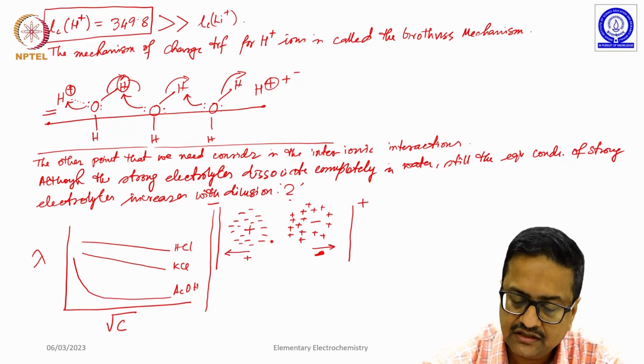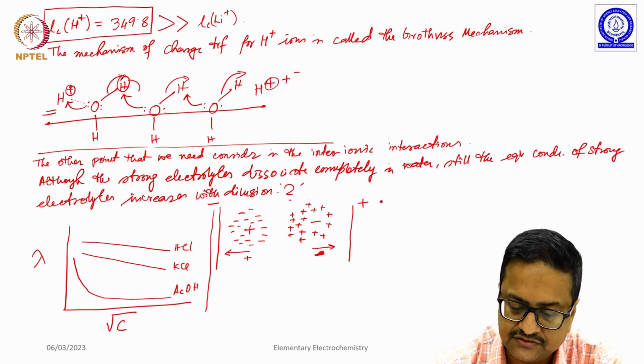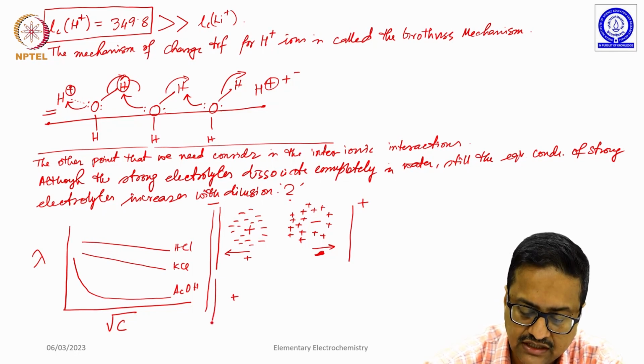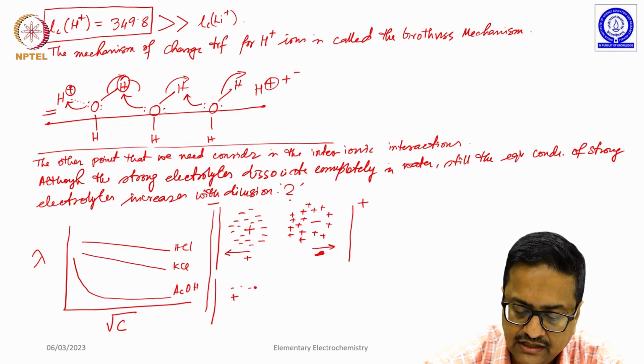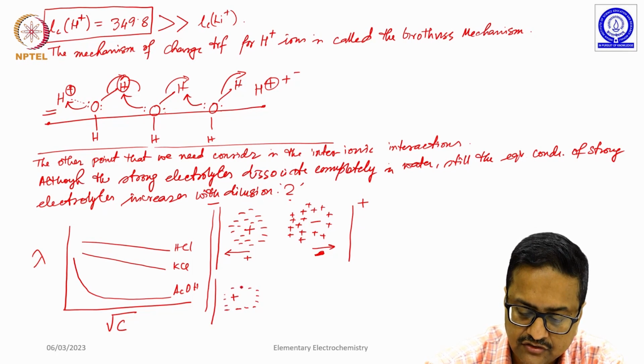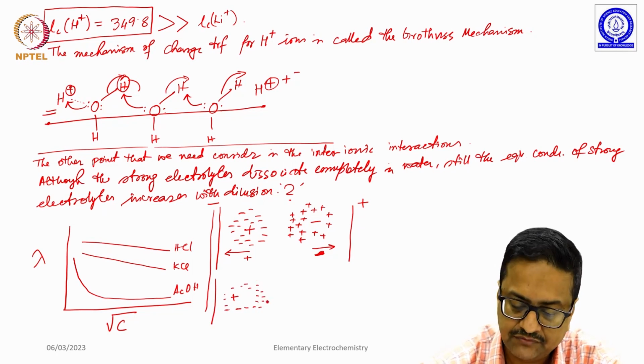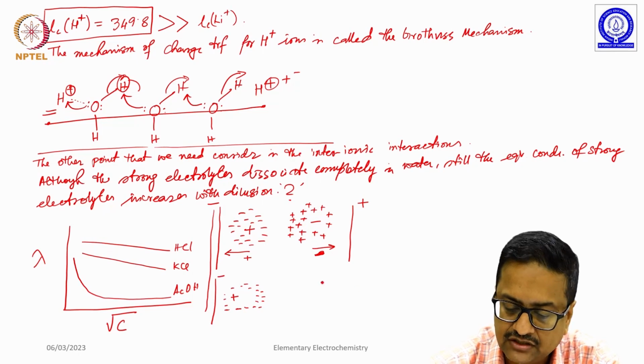And what will happen is this second scenario, that the positive ion tries to come closer to the electrode when the negative ion atmosphere is pulling the cation in the other direction, because negative ions are moving away from the negative electrode.